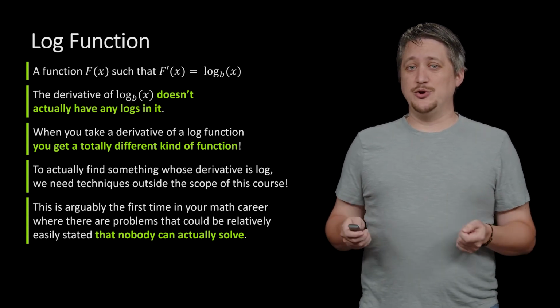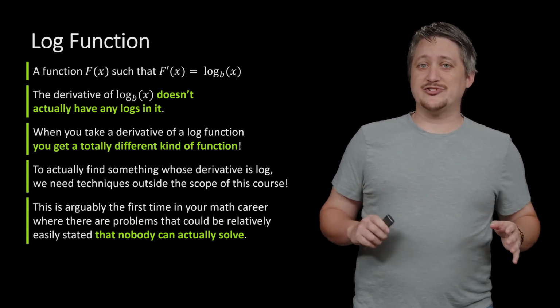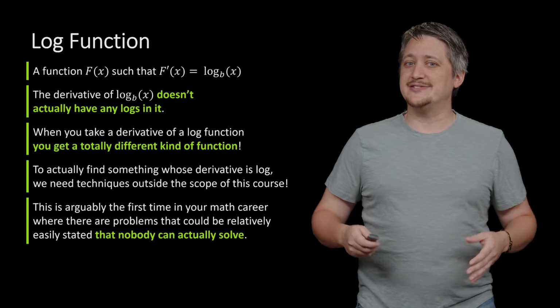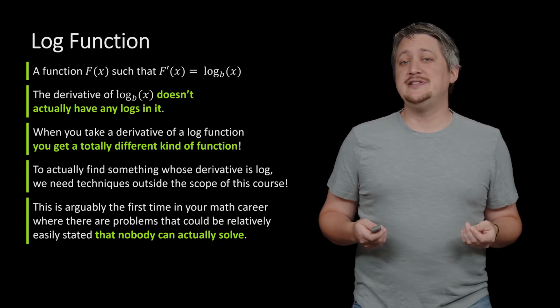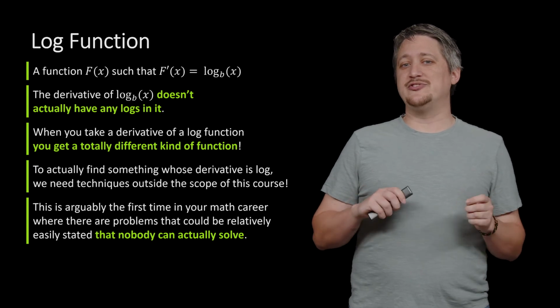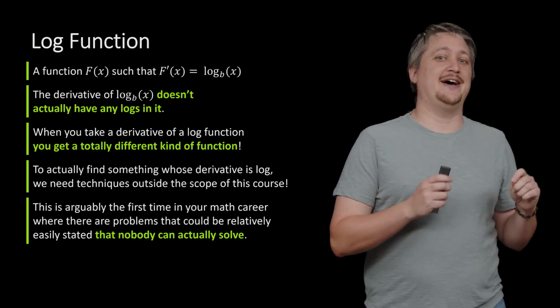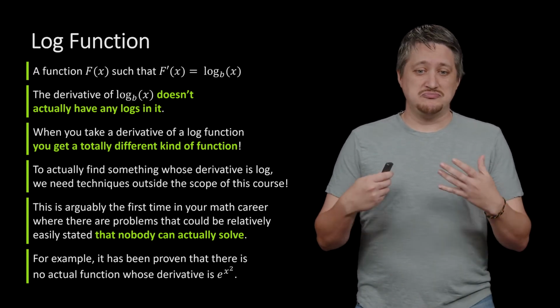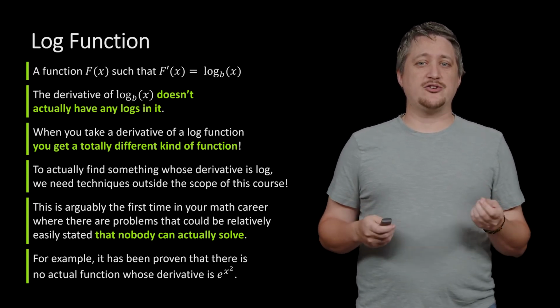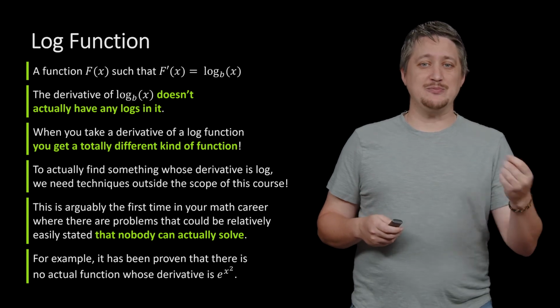And when I say nobody, I mean nobody. Not just not the people in your class and not just not undergrads or something. There are easily stated questions that mathematicians have proved don't have answers. As an example, it's been proven that there's no actual normal function as you might think of it, right?